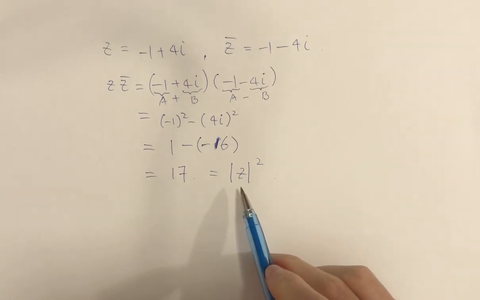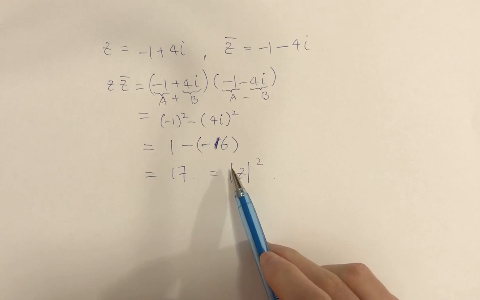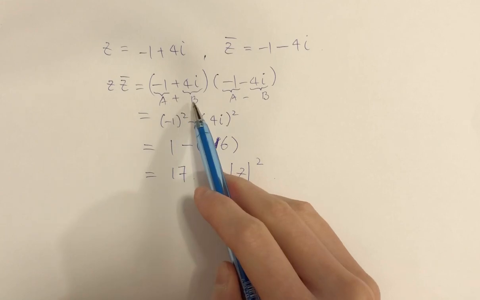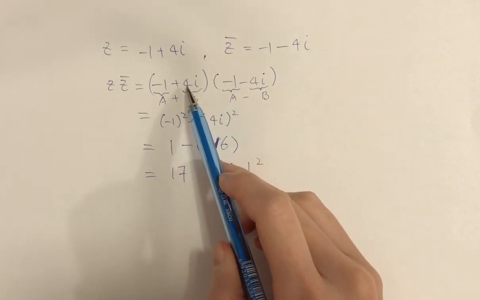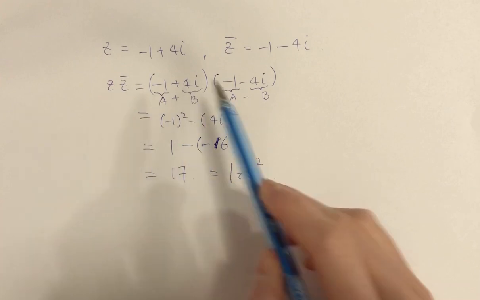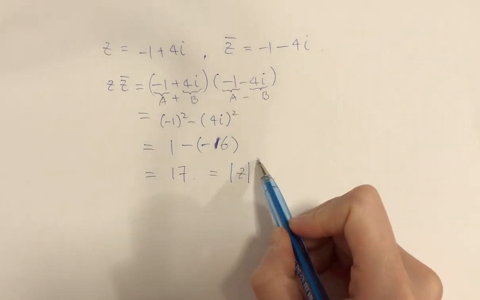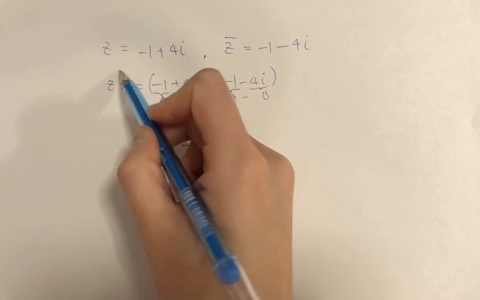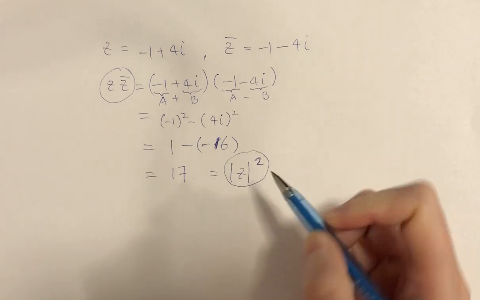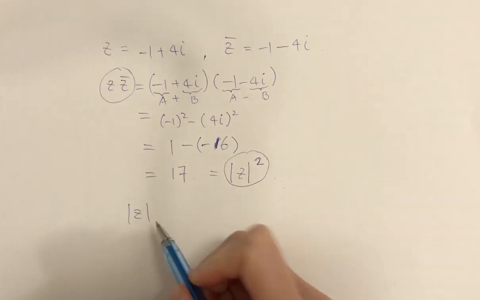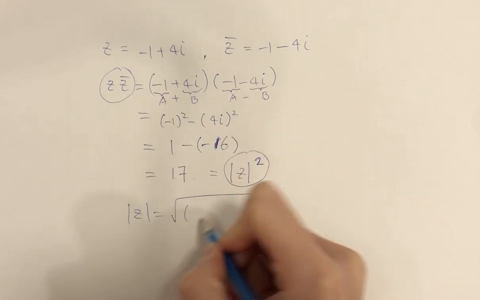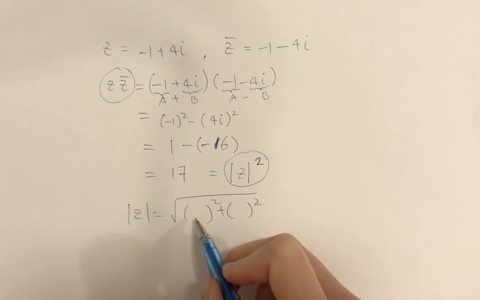And so if you think about it, when we compute the modulus, we're taking a square, without the i, like b squared, this 4 squared, and then take the square root. So then if you square it, you get rid of the square root. So this is an identity, and we can verify that. So if we compute the modulus of z, it's the square root of the sum of squares of the real part and imaginary part.